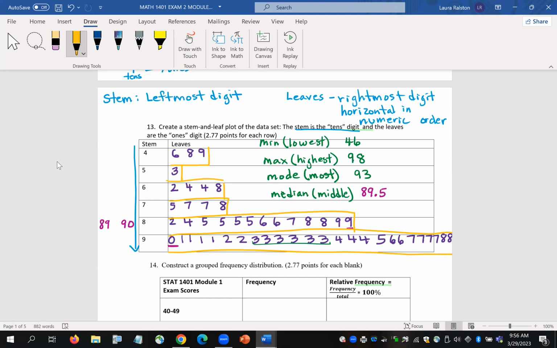And when most of the data is grouped on the higher end, your distribution is skewed left.